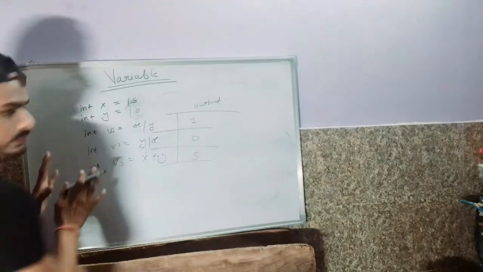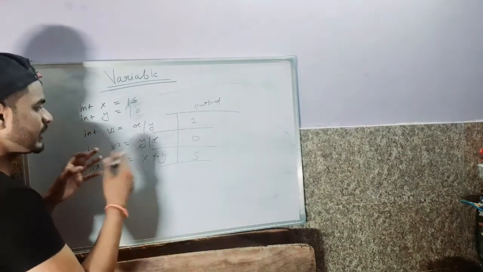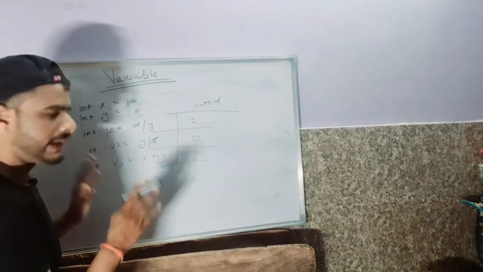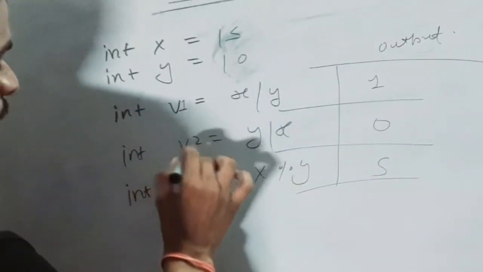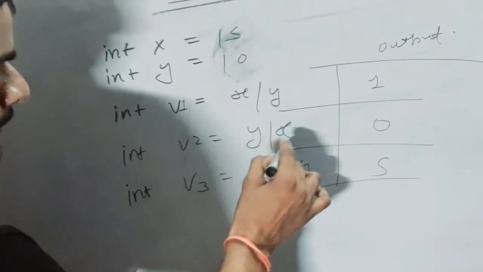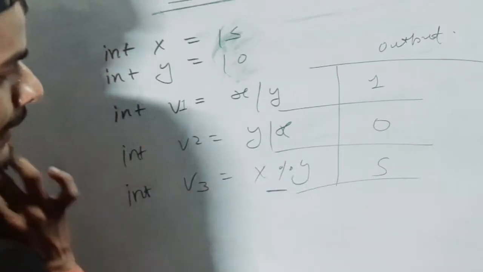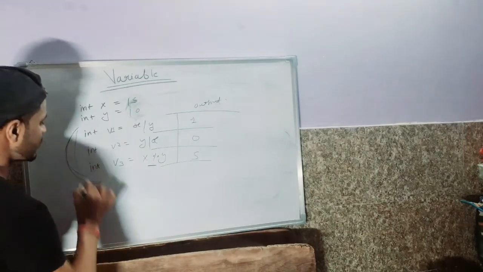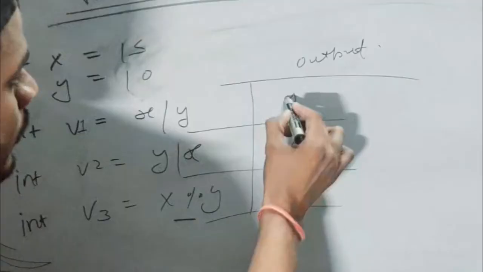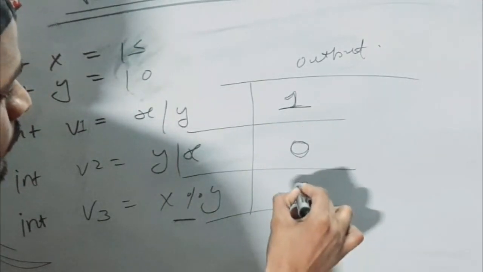Now int v1, we are going to divide: x divided by y, int v2 is y divided by x, and v3 is x modulus y. If you run these lines, the output will be 1, 0 and 5.